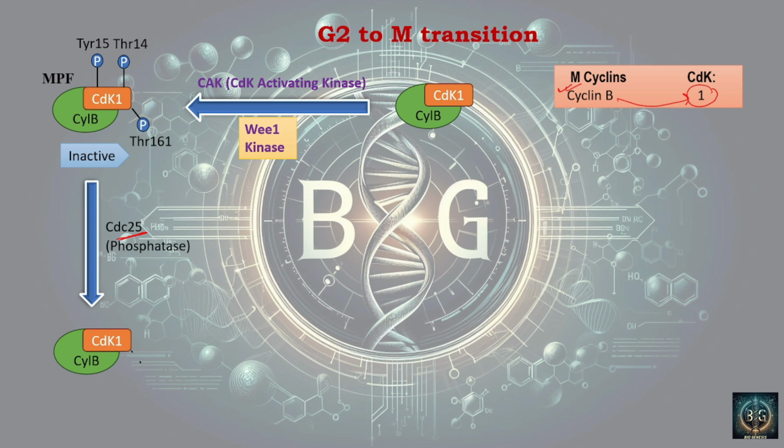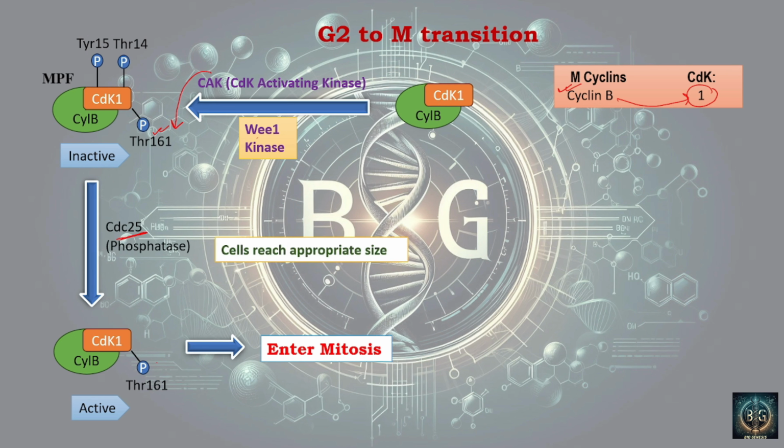But the active phosphorylation at threonine 161, that is caused by CAK protein, CAK protein phosphorylates the CDK1 subunit at threonine 161 residue. So this active phosphorylation at threonine 161 is still working, and then MPF becomes active and the cell enters mitosis.